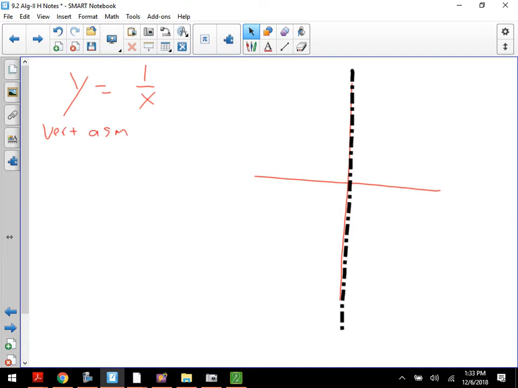An asymptote is an imaginary line that occurs where values don't exist. You have what are called vertical asymptotes at zeros of denominators.